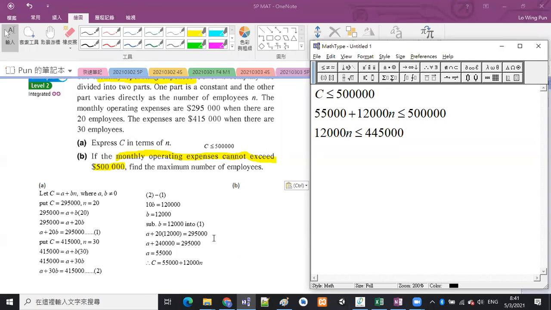Yes, should be correct. Okay, and then divide the 12,000 to the right-hand side. And that should be equal to 37 and 1 over 12 on the right-hand side.